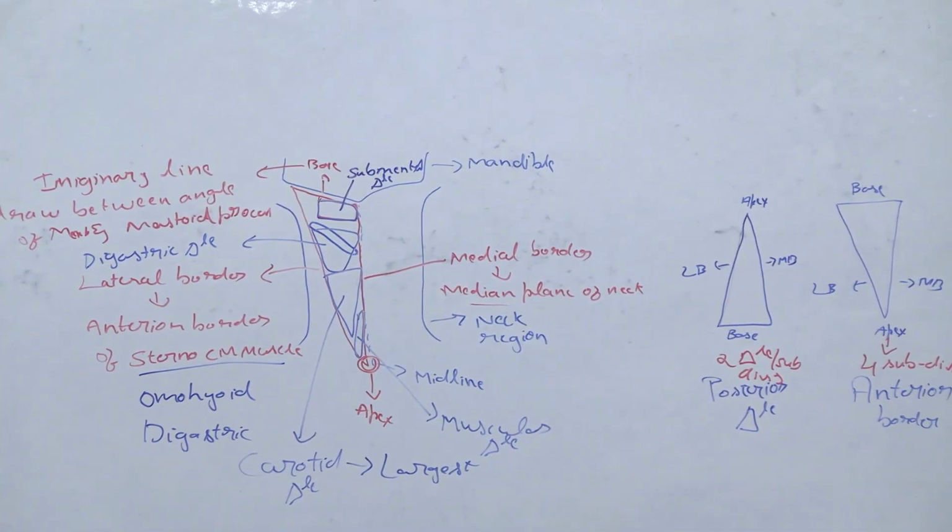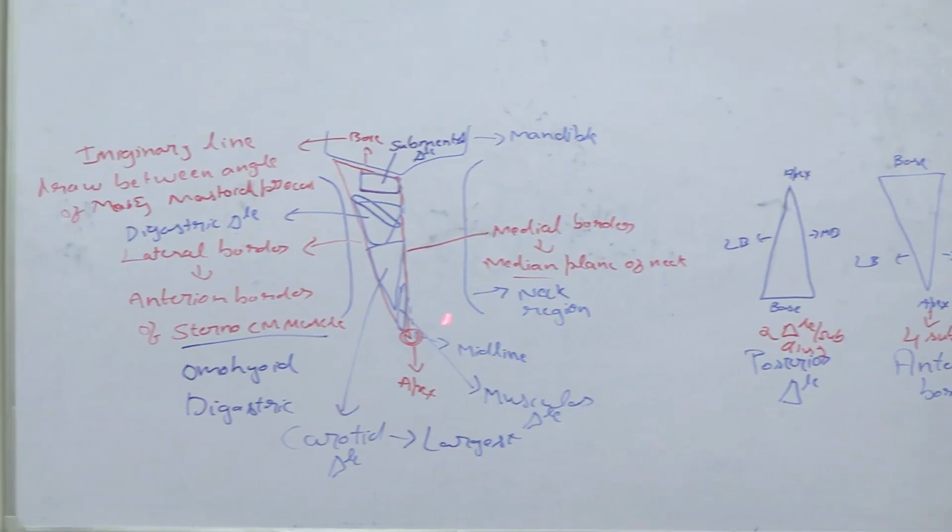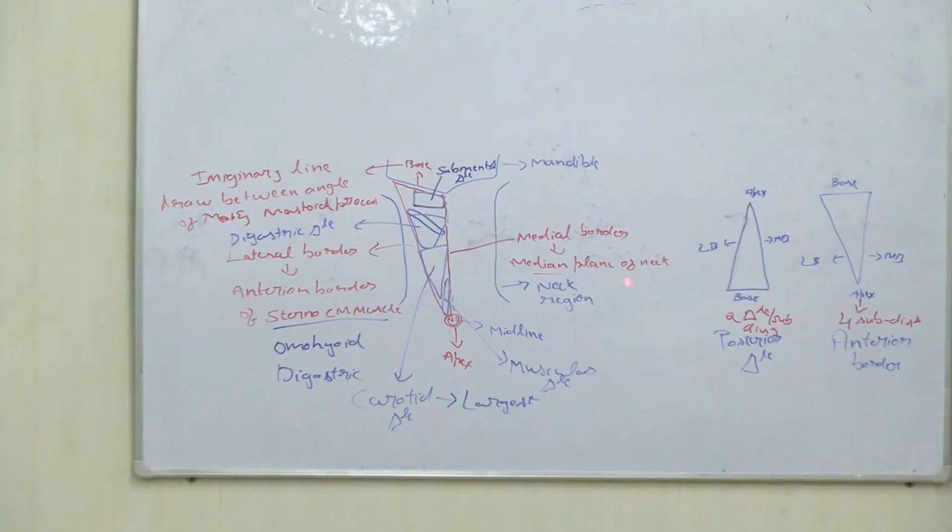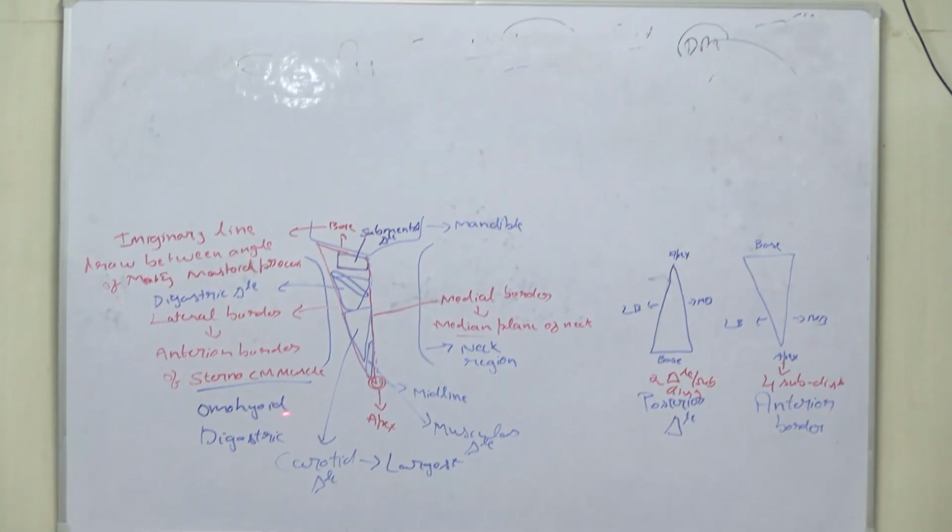Any doubts? So the medial border of your anterior triangle is formed by the median plane of the neck. Okay, lateral border is formed by the anterior border of the sternocleidomastoid muscle, and the apex is a point where the sternocleidomastoid muscle and the median plane of the neck meet.